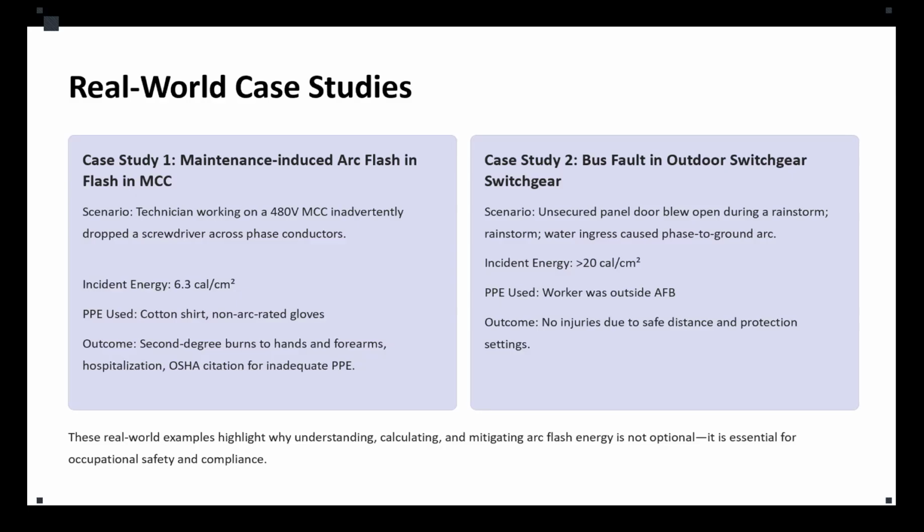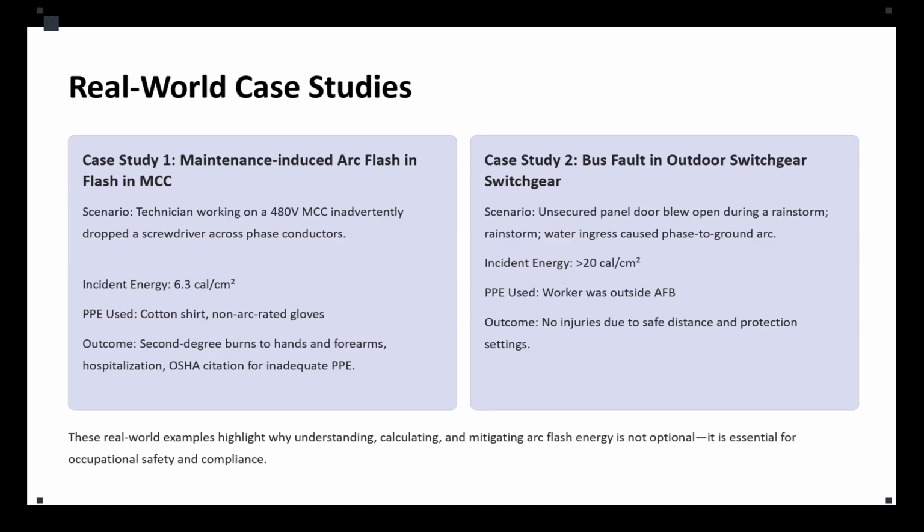And it should be performed only if de-energization is infeasible. We should have arc-rated PPE that matches the calculated incident energy, and all employees should have proper training, documentation, and clear labeling per IEEE 1584 and NFPA 70.